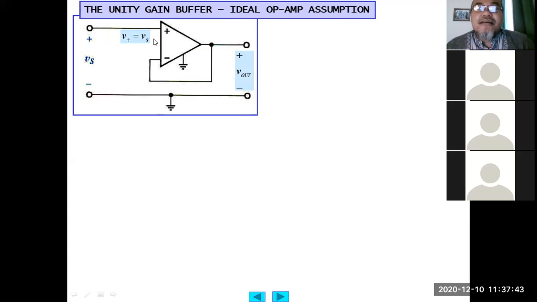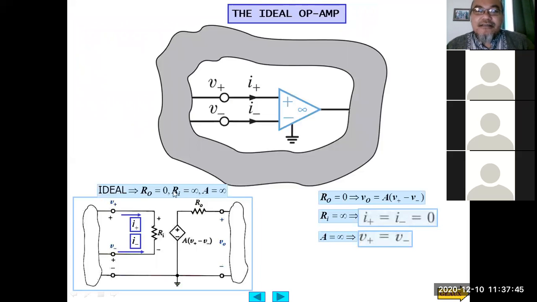Why? According to the ideal op-amp assumption, Ro is 0, so V output equals A times V plus minus V minus. Since Ro is 0, it is short circuited.